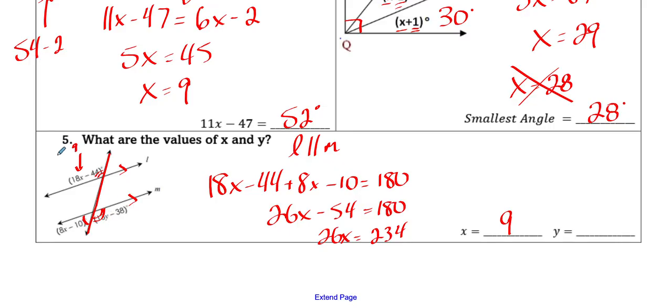So if I substitute 9 in here, that'll directly tell me the measure of that missing angle. 18 times 9 is 162, minus 44 is 118. So this angle, 13y minus 38, has a measure of 118 degrees. Now I'm going to solve that equation. Add the 38 over and divide by 13, and get that y is 12.